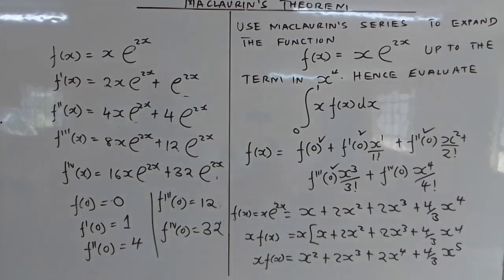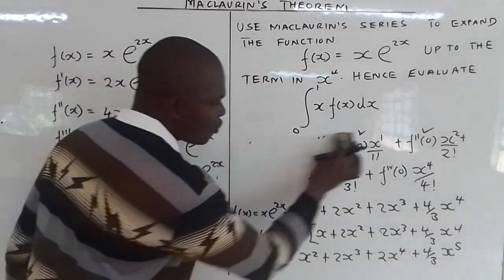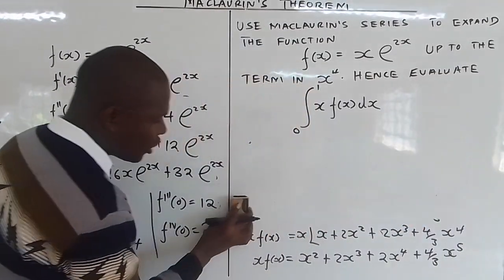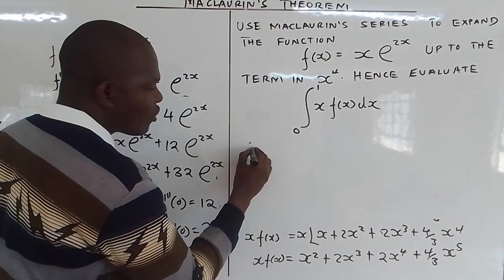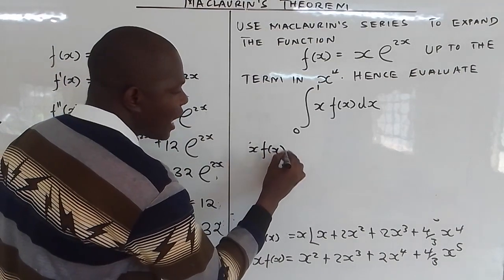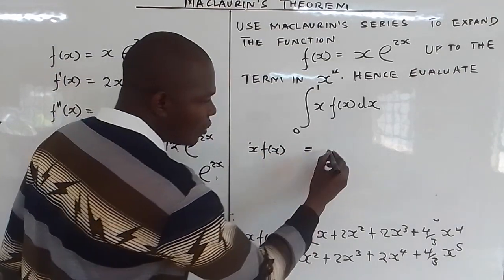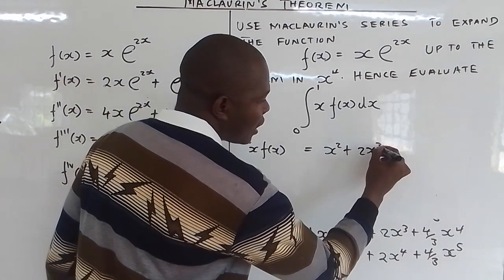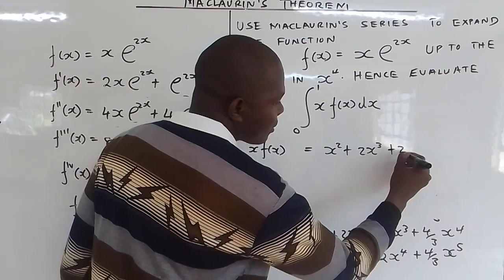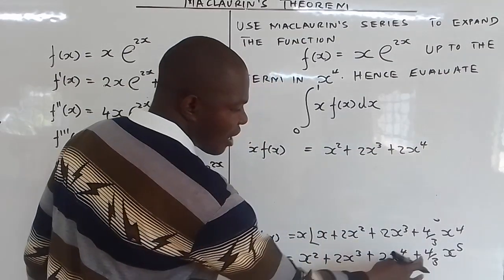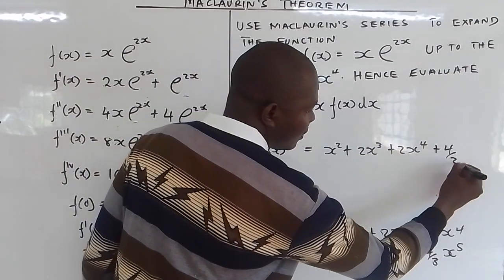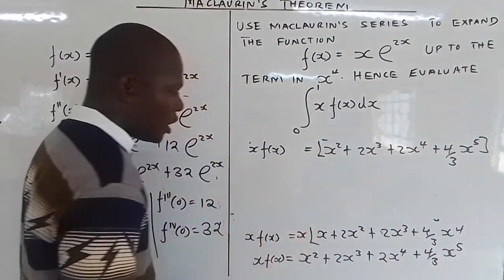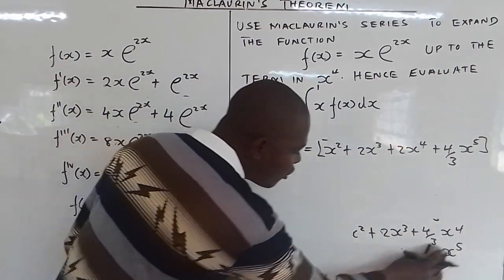After finding that function, let me utilize this space here to use that function. The function f of x we found is equal to x squared plus 2x cubed plus 2x to power 4 plus 4 over 3 x to power 5. This is what we found, isn't it? But now you ask yourself, what do you want?